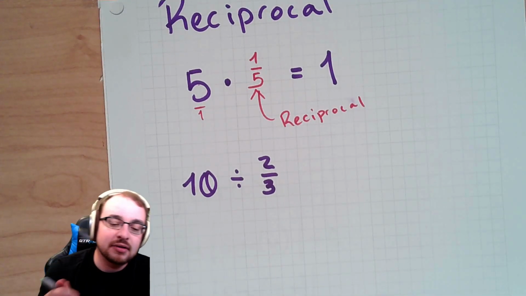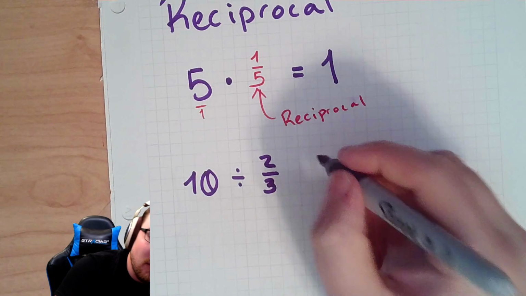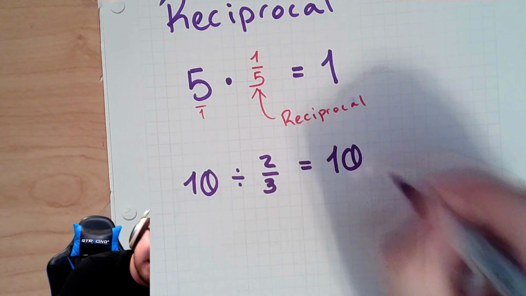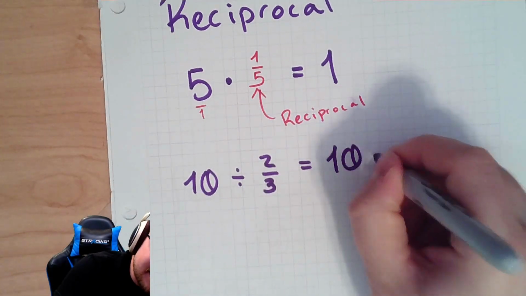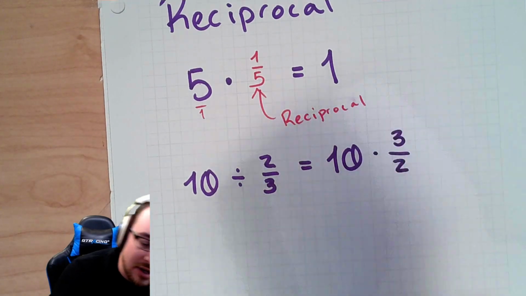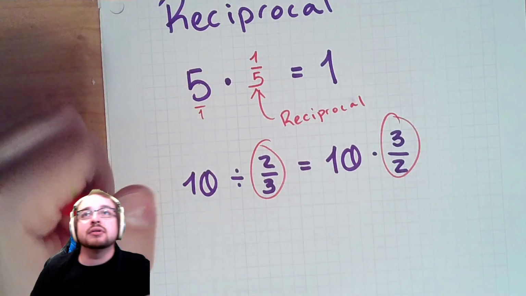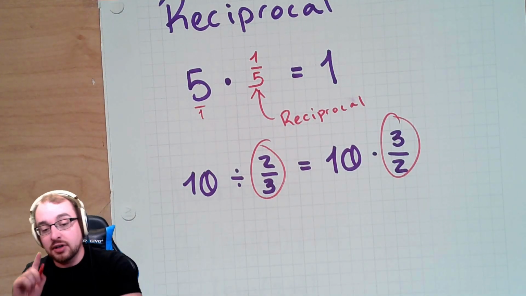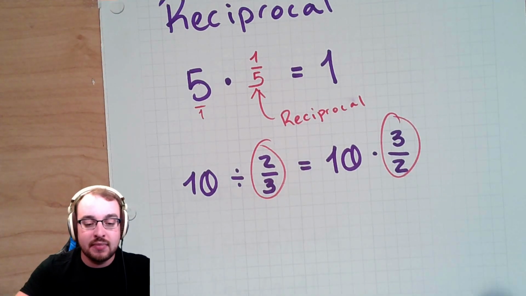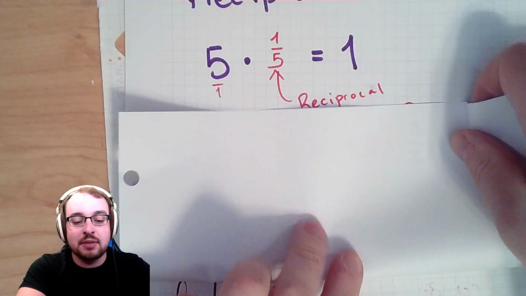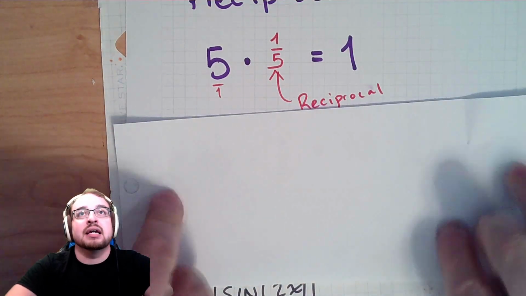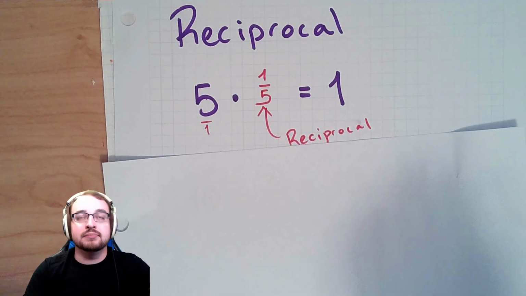And so instead of dividing by 2/3, what we can do instead is take 10. This is the exact same thing as 10 times 3/2, the reciprocal of 2/3. And the reason this works is this. If I look at the reciprocal of 5 and I multiply them together, I get 1.